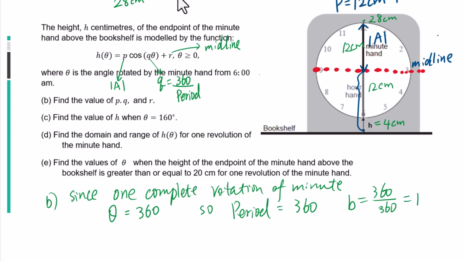In this way, we can figure out h of theta equals 12 cosine theta plus 16.